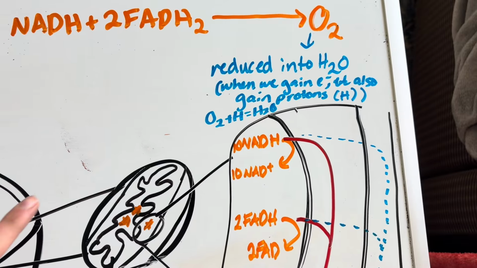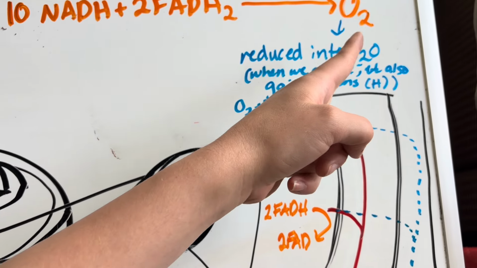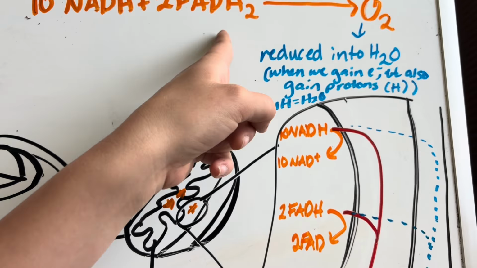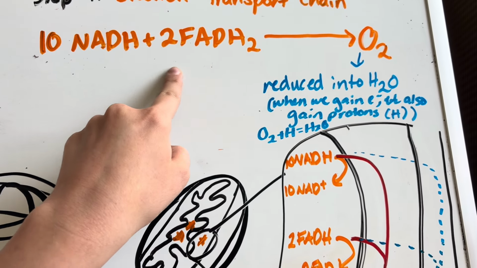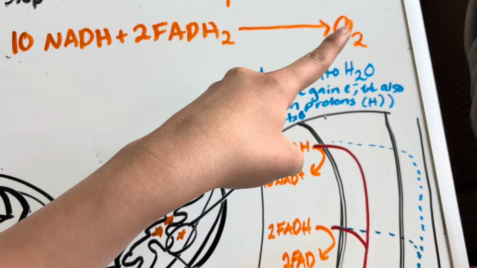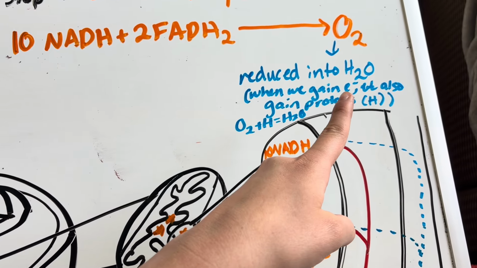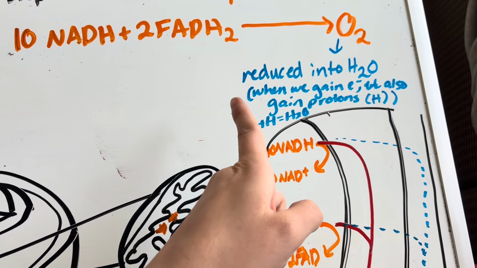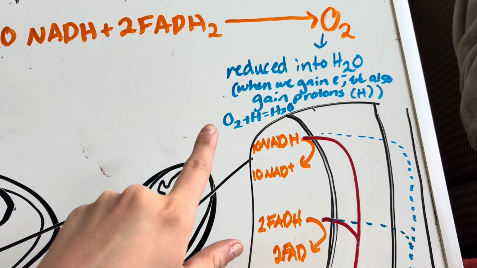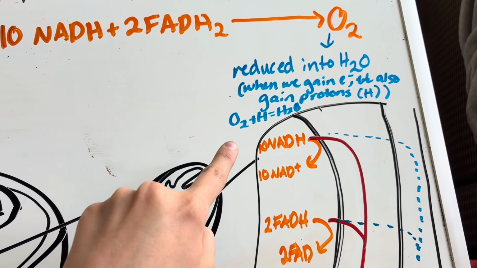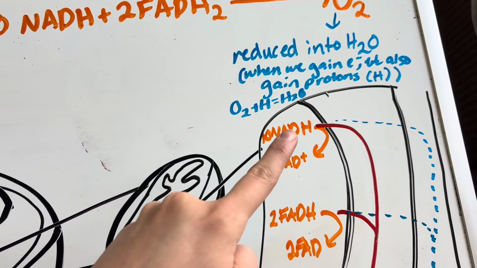And so really quickly, I just wanted to cover that this oxygen is going to take the electrons and the protons that are released from this, and then it's going to be reduced into H2O. When we gain electrons, we also gain protons, the H, so when we do 4H plus O2, we get a bunch of H2O.